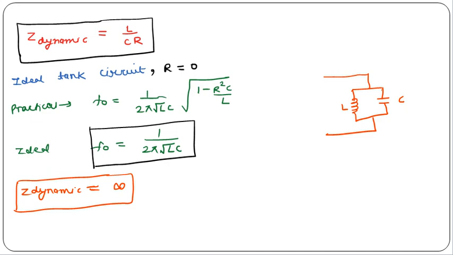There is no resistance. Okay, this is L and C. So it means when this ideal tank circuit is under the resonance condition, it will offer infinite impedance. It means it will become an open circuit under the resonance condition.